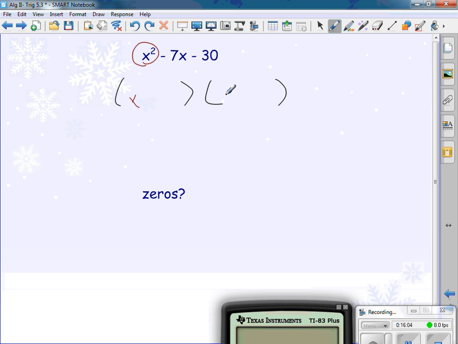X times x. Most of them you're going to be doing are just x squared right now. Now, for the 30, actually, a negative. How can I multiply to get a negative? Negative and a positive. So one has to be positive, one of them has to be negative.